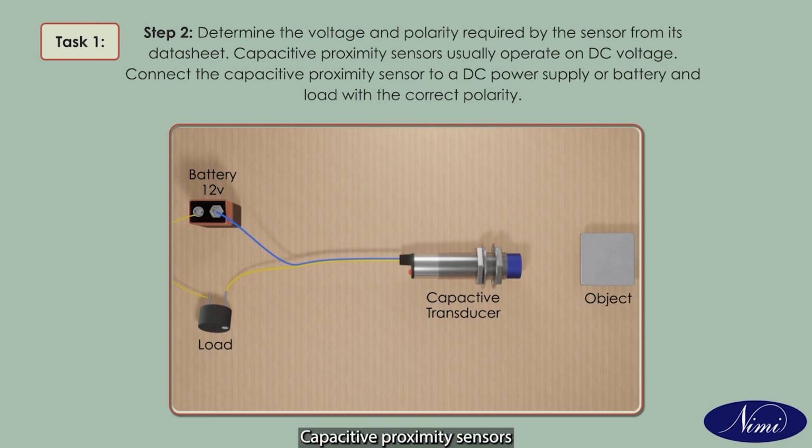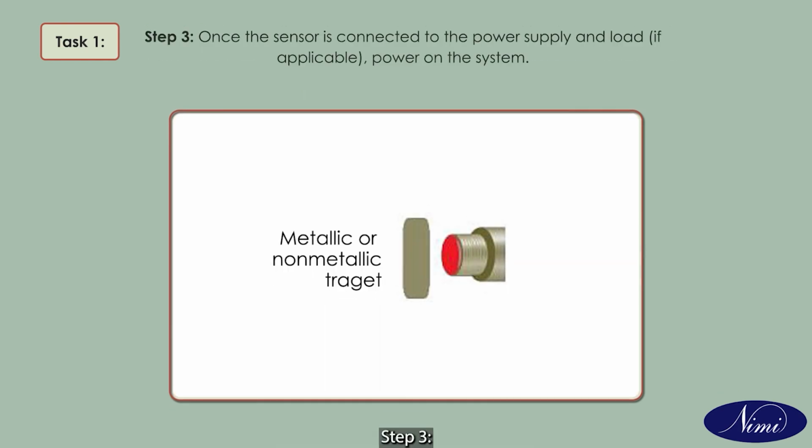Capacitive proximity sensors usually operate on DC voltage. Connect the capacitive proximity sensor to a DC power supply or battery and load with the correct polarity. Step 3. Once the sensor is connected to the power supply and load, if applicable, power on the system.